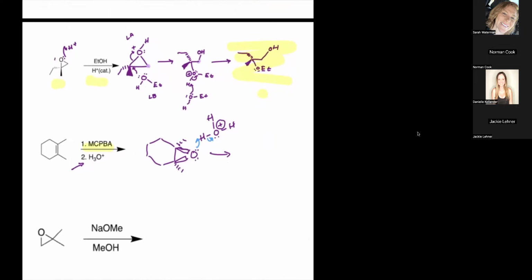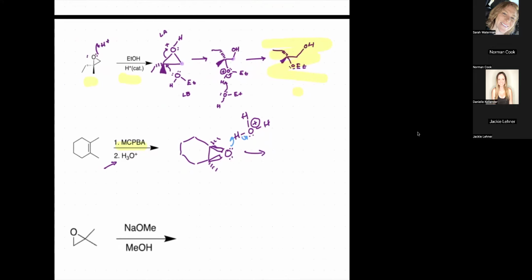So what ends up happening is we have this going on, and this is going to take over this, and it's going to make this oxygen pretty happy. And then we end up getting, I'm gonna run out of room. I draw too big.